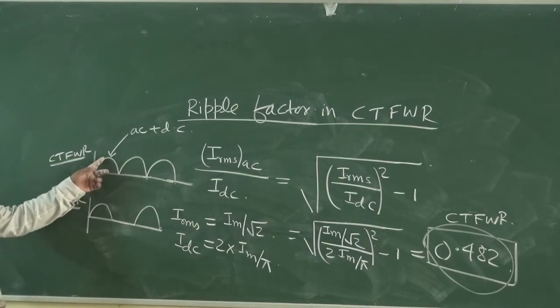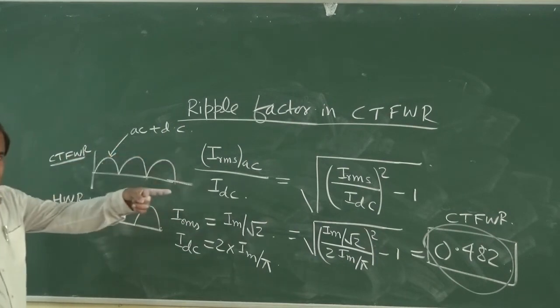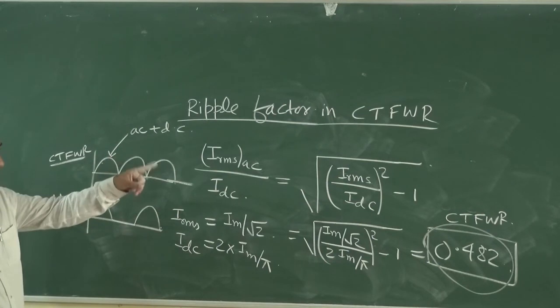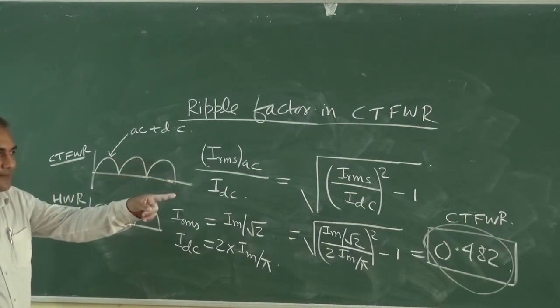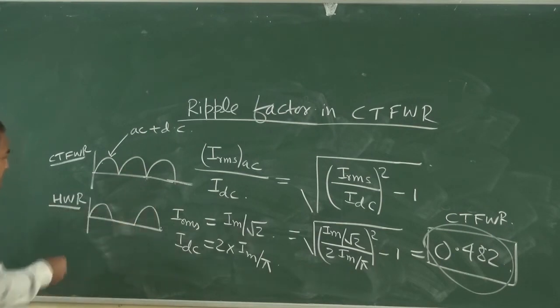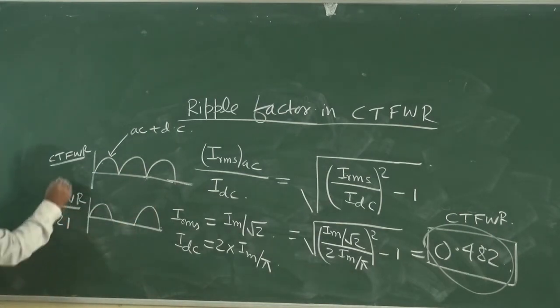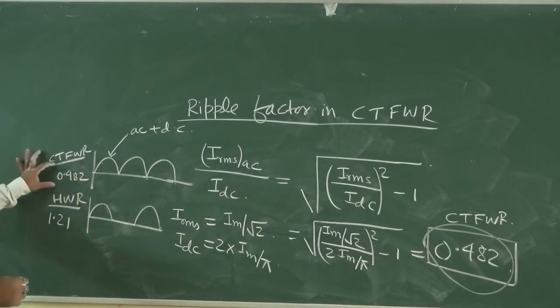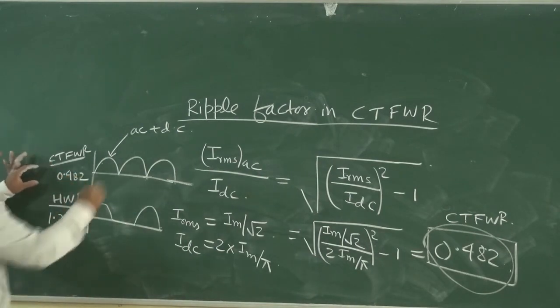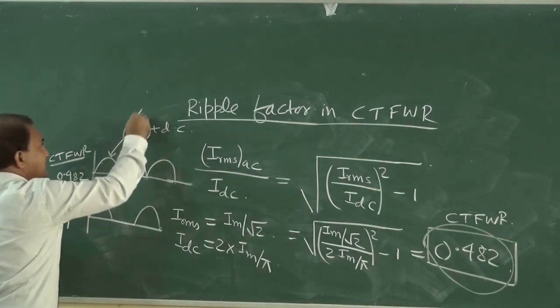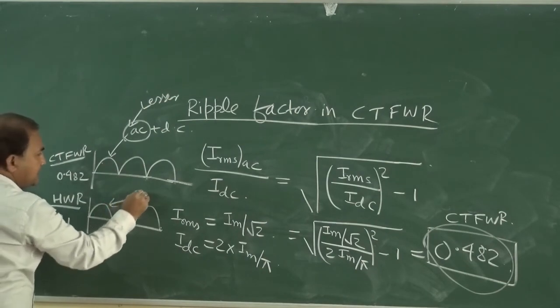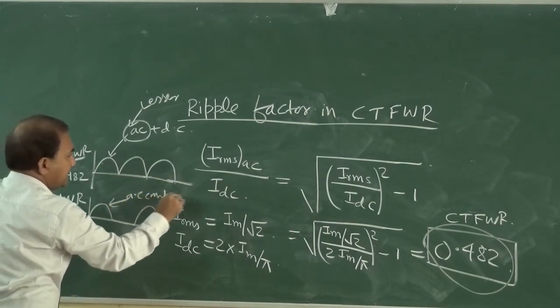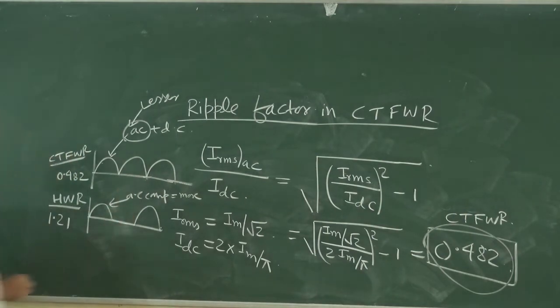By analyzing this ripple factor, in case of a center tap full wave rectifier circuit it is coming as 0.482, and in case of half wave it is 1.21. So here the AC component is lesser and here the AC component is more.